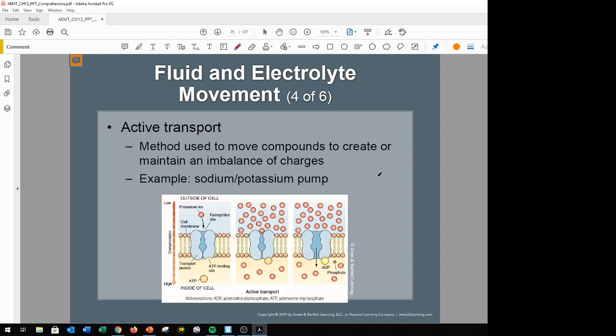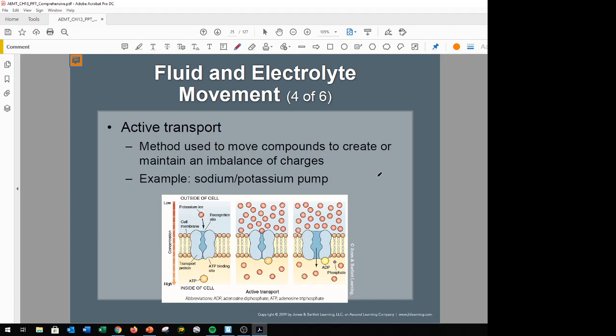All right, so active transport. The thing to know about active transport is that this is going to happen when diffusion can't happen. Okay, when the cell membrane is selective and it will not allow for diffusion, then we have active transport.